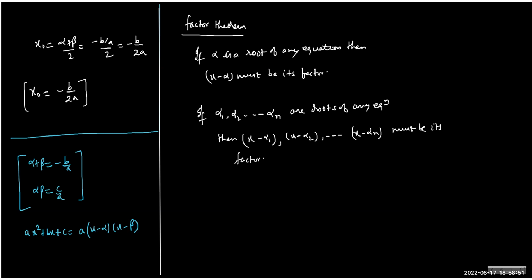That's a simple thing. So if you know that alpha and beta are the roots of the equation, then x minus alpha and x minus beta must be its factors. That's the factor theorem. Again, you will study it in mathematics, don't worry.